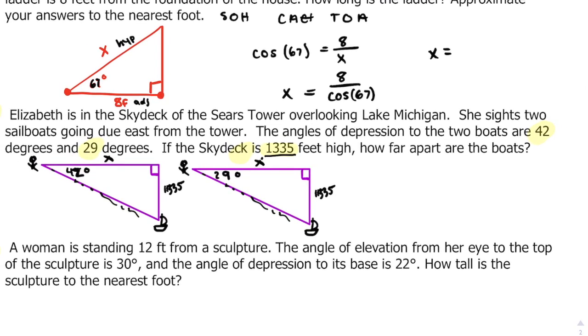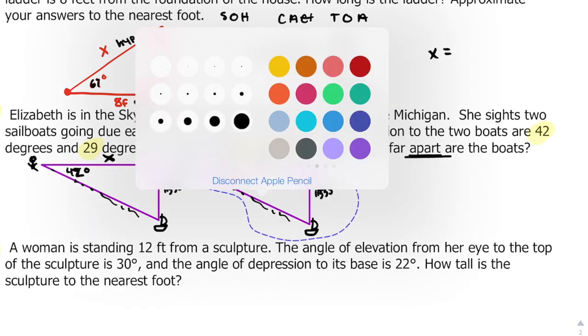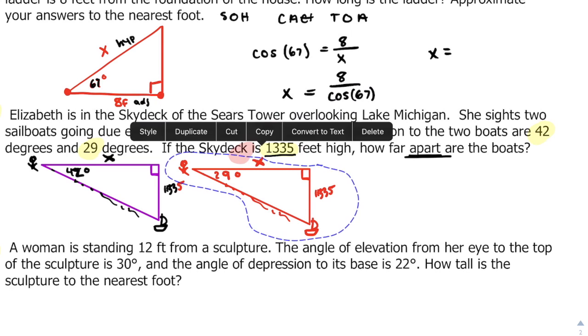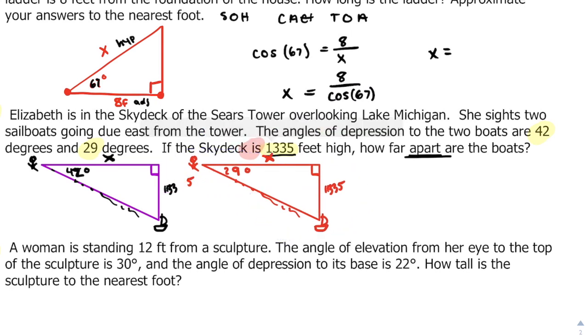Once we find these two distances, we'll subtract to find out how far apart the boats are. Traditionally, when you approach a problem like this, you would actually draw your triangles overlapping, and one of them would be a tiny bit longer or shorter.